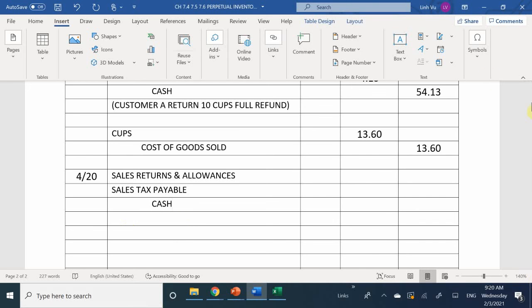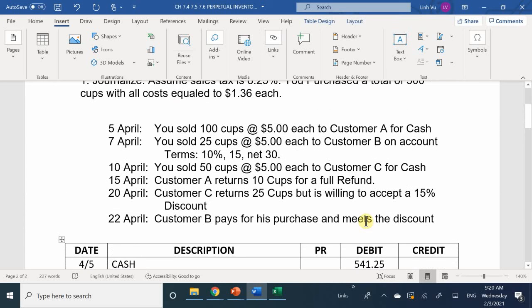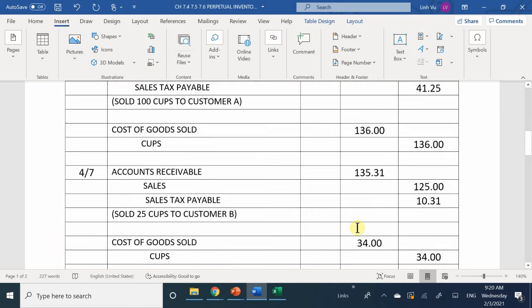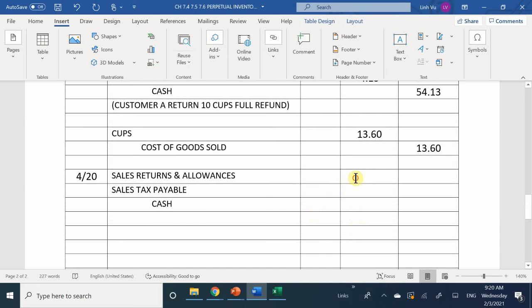Good. So let's go ahead and calculate this. If they decided to return 25 of the items, but are only willing to accept a 15% discount, how much total is he actually going to get back from us? $18.75.